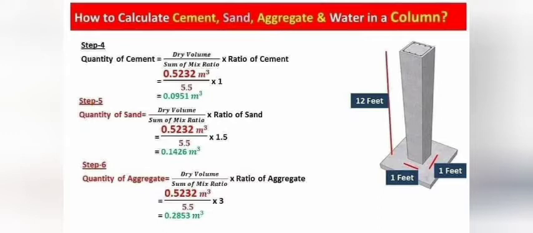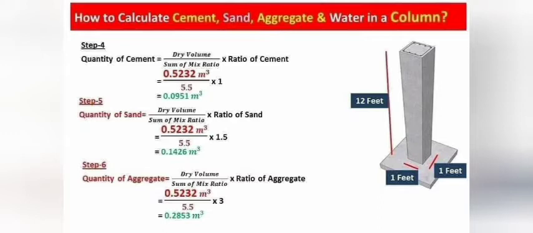Here 1 stands for cement, 1.5 stands for fine aggregate and 3 stands for coarse aggregate. So for cement we multiply by 1. We will get the value as 0.0951 meter cube.